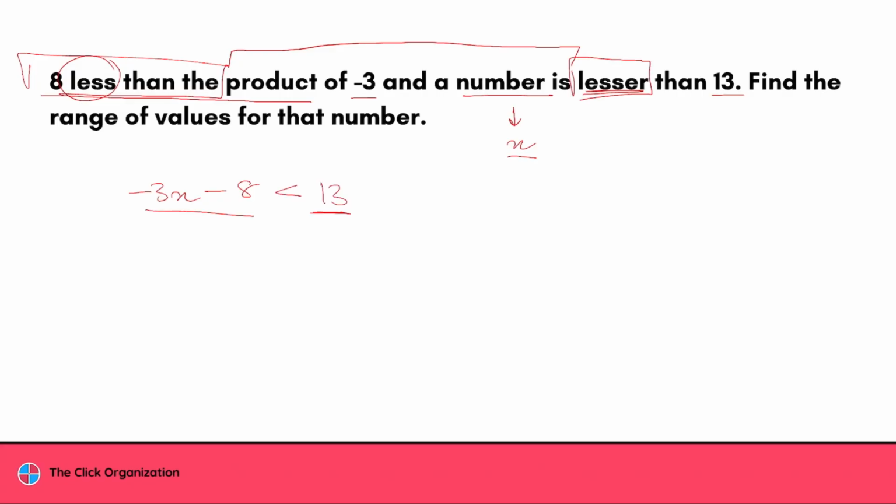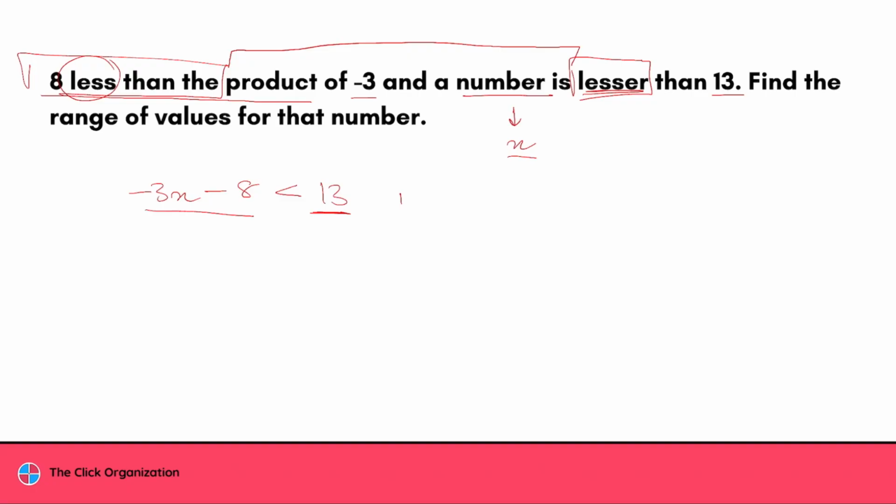Now, to solve this, we can solve it like we had the previous week. We add the equation by 8 first, which will cancel out this minus 8 here. This will give minus 3x, and 13 plus 8. This will give minus 3x, and 21 over here, because 13 plus 8 is 21.